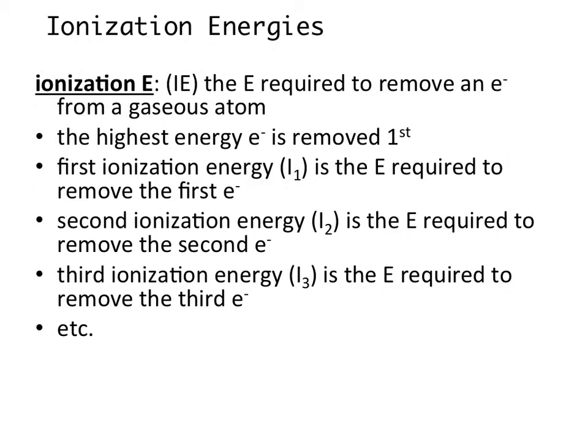So in any element that you're looking at, the electron that's farthest away from the nucleus is going to be the one that's removed first, and the energy required to do that is going to be your first ionization energy. Second ionization energy is going to be the second electron that's removed from that atom. The third ionization energy is the energy required to remove the third electron from that atom, etc.